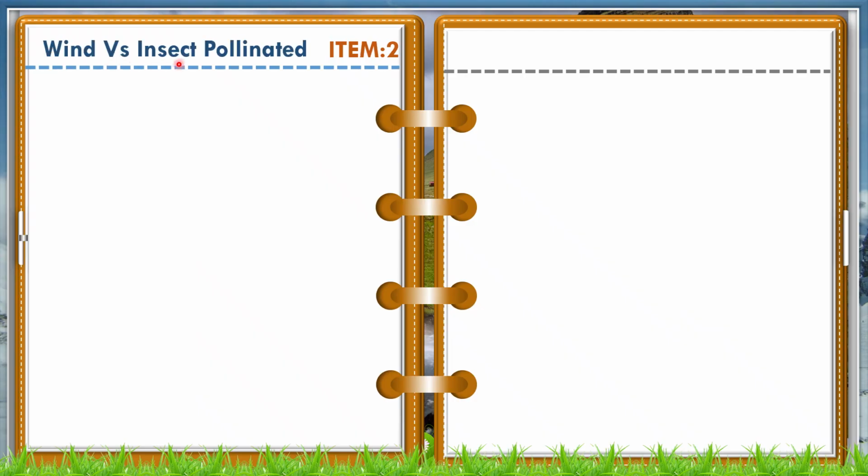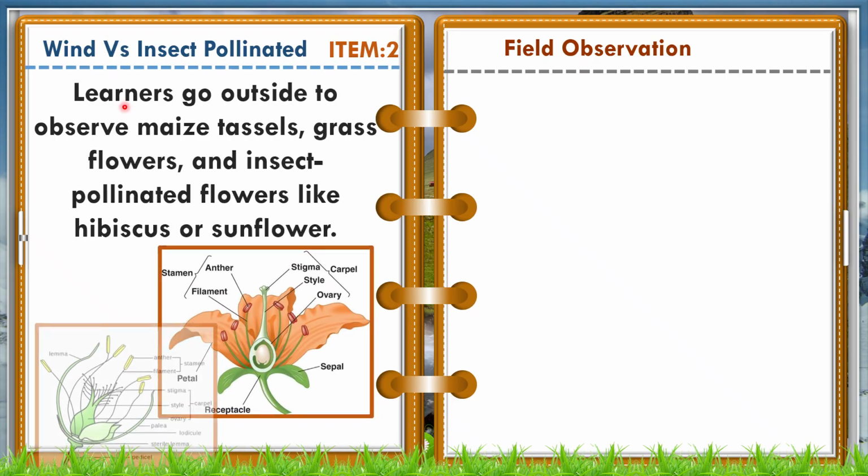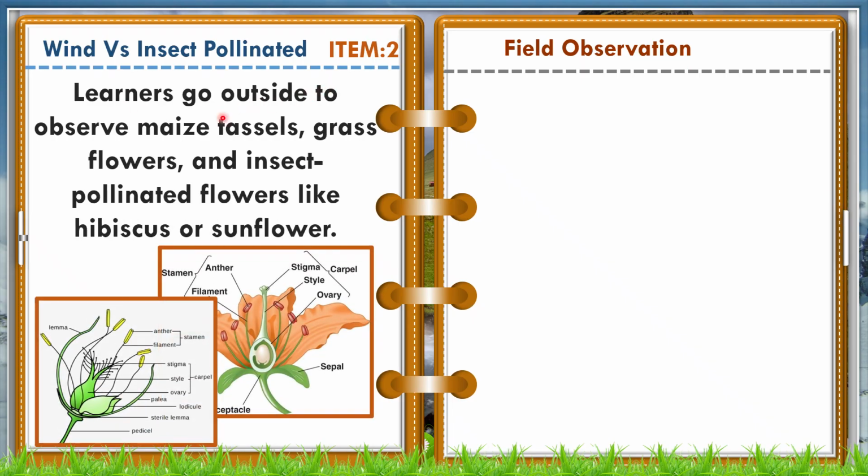Wind versus insect-pollinated flowers. Item 2. We are going to look at field observation. Learners go out to observe maize tassel, grass flowers, and insect-pollinated flowers like hibiscus or sunflower.